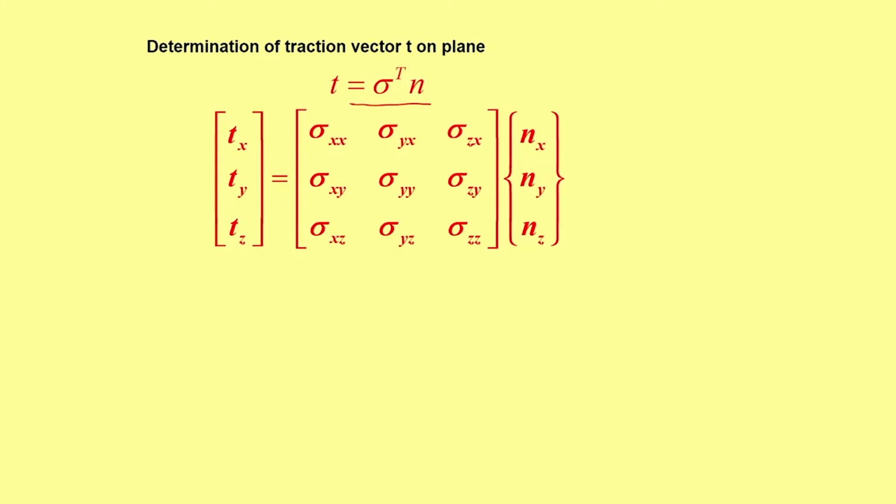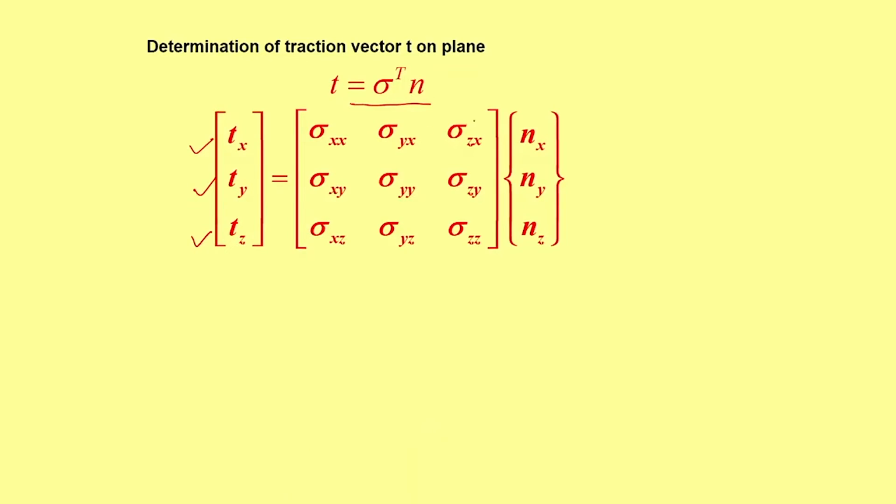These are the components of the traction vector, Tx, Ty and Tz, which we need to determine. Once we determine Tx, Ty, Tz, the traction vector T is defined, and it can be written based on Cauchy's equation as sigma transpose into n vector.